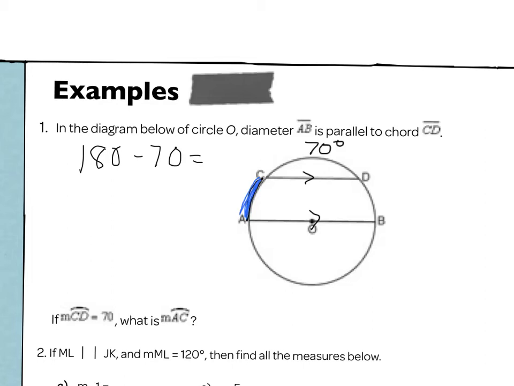And the leftover is going to be basically arc CA and arc DB. And the leftover actually is a total of 110. Now, we know that these two are parallel, then arc CA and arc DB are the same. So in order to find one of them, all you have to do is take that 110, divide it by 2, and you should get 55, and that's what the answer is.